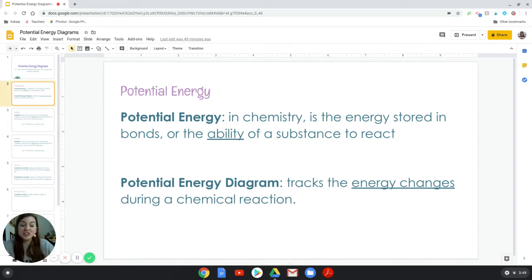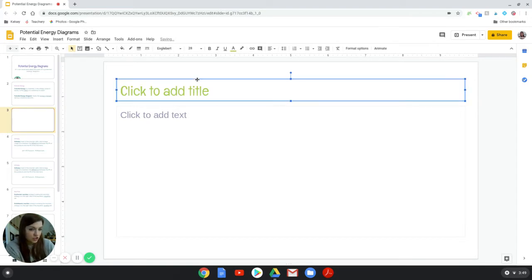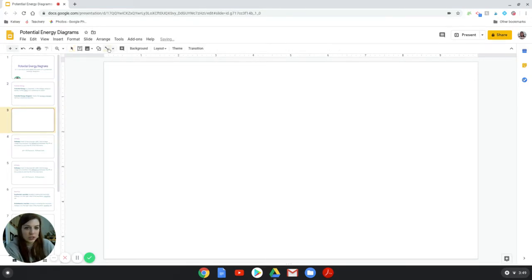The potential energy diagram is going to track energy changes during a chemical reaction. So you may think of a potential energy diagram and then your brain goes to a heating curve. Different things, pinky promise. In a heating curve, you would get a ledge that looks like this, right?